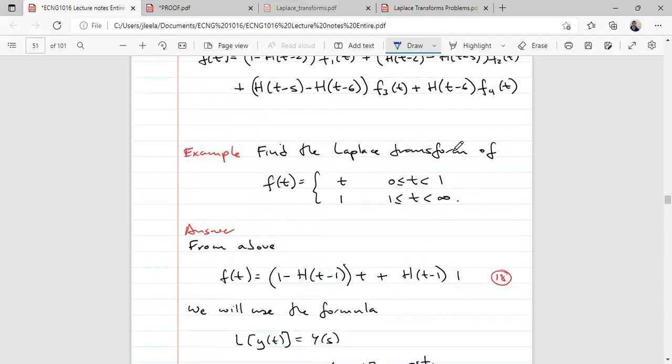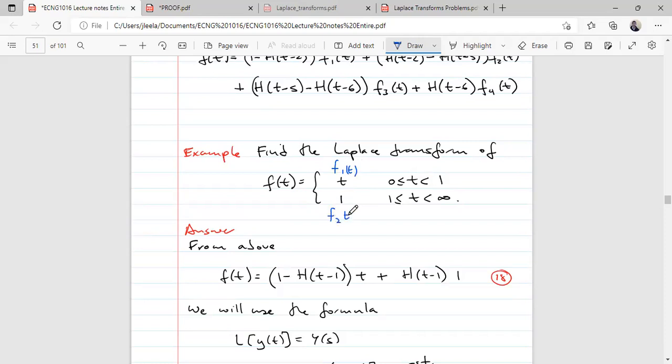Right, so we're doing an example now. Find the Laplace transform of the function f(t), defined to be t when t is between 0 and 1, and 1 when t is between 1 and infinity. So you only have to remember your f1(t) here, and this is your f2(t).